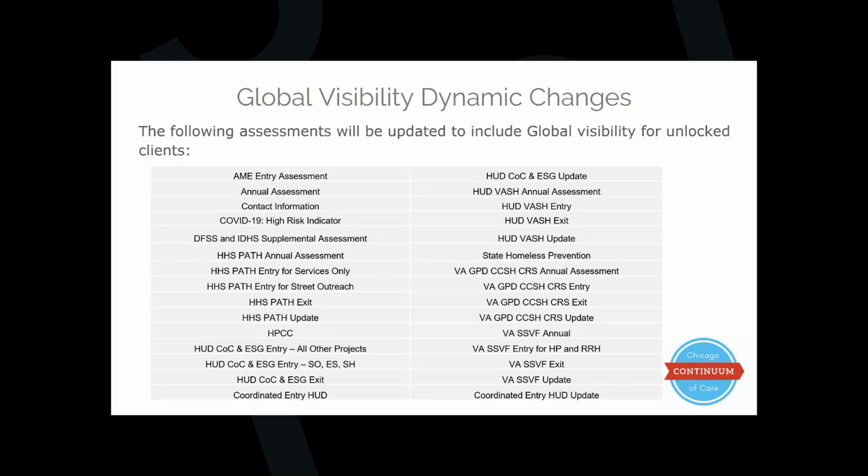Another thing to highlight here is that we are also including the contact information assessment. Currently, contact information is globally visible at the level 2, so at the agency level. So if you're in your standard mode, not in EDA mode, any information that you add to contact information is going to be globally visible, as well as you being able to view information that other people added.